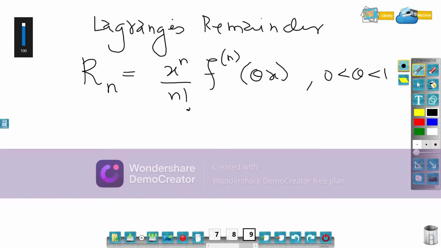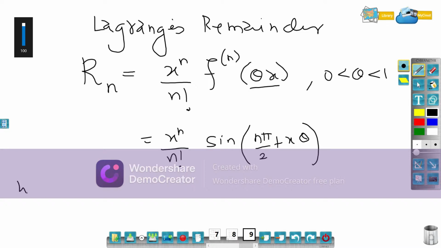Now f nth derivative is basically sine n pi by 2 plus x. So instead of x, it should be theta x.